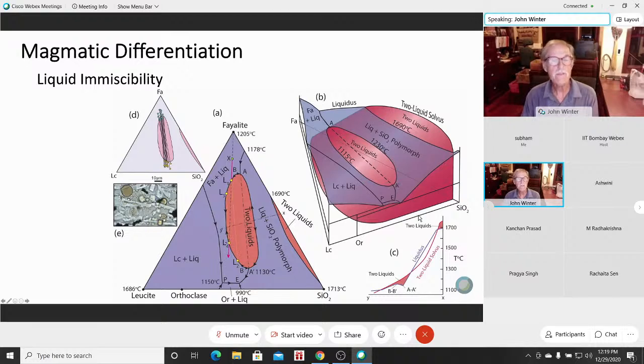This liquid is going to be quite a bit more granitic than this liquid.